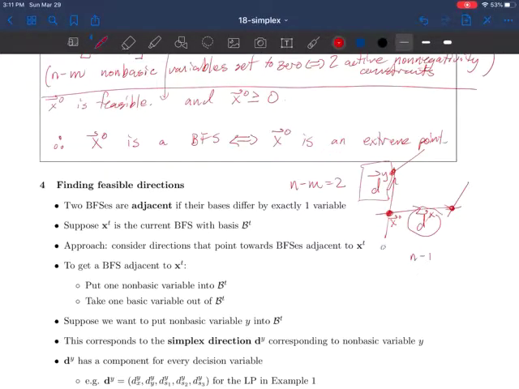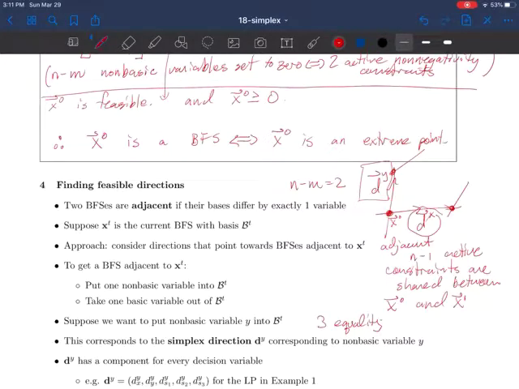Okay? In that case, what it means is that n minus 1 active constraints must be the same. So between x0 and x1, wherever we move next, they have to share n minus 1 active constraints. Well, let's think about what these can be composed of.